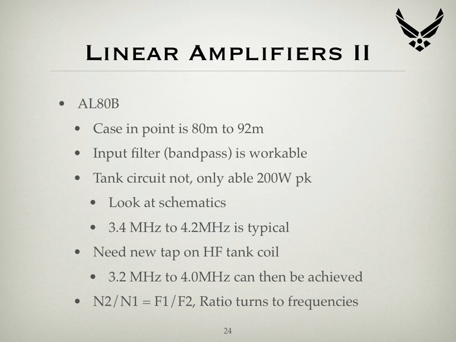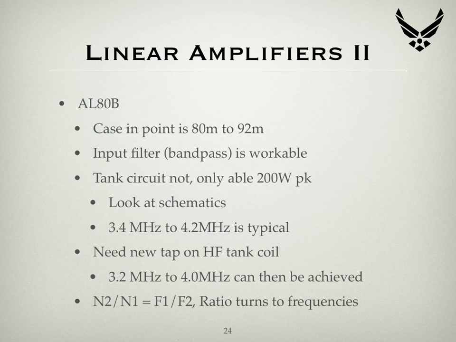No matter how we tuned it, we were only able to get 200 watts peak output, which, considering you'd be putting up to 100 watts in, seems to be something wrong, and that of course is not a good way to operate the amplifier. Now when we looked at the schematics, I found that the 3.4 megs to 4.2 megs was actually typical of what that amplifier could actually handle.